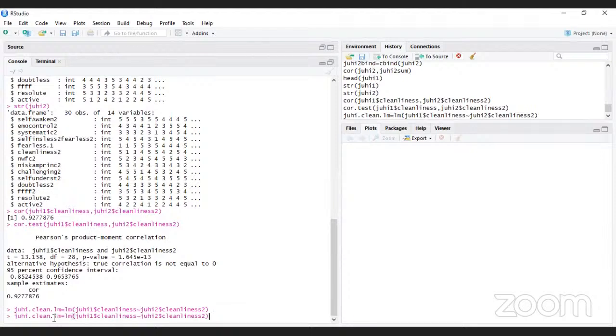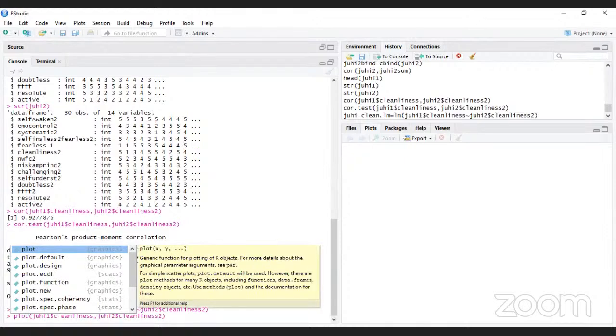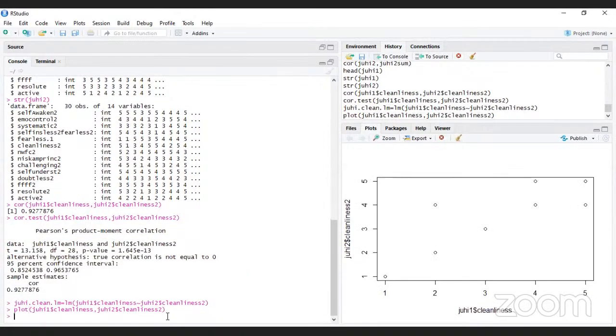Then I have to make the plot. For the plot, instead of tilde, I can put the comma and then write plot. Okay. So now this is the data.